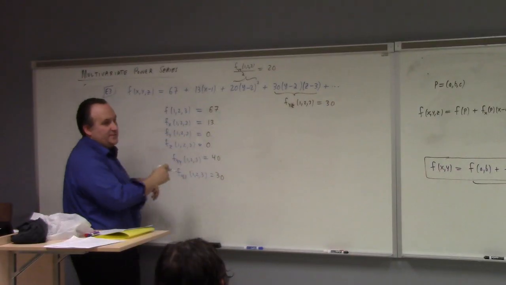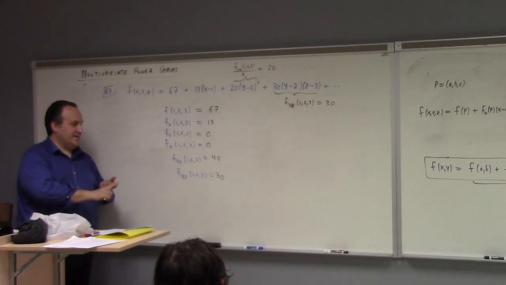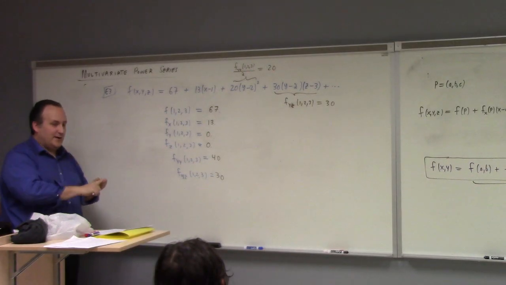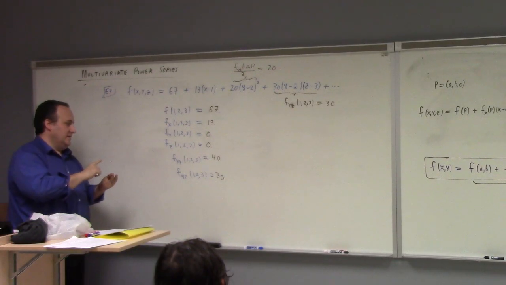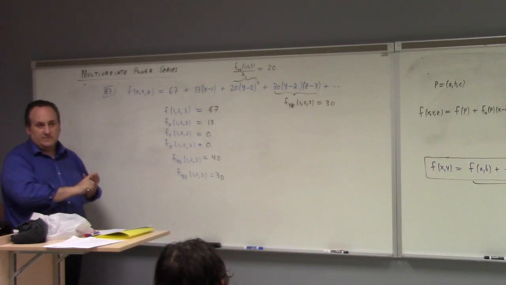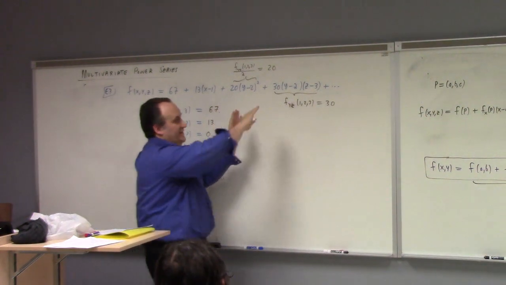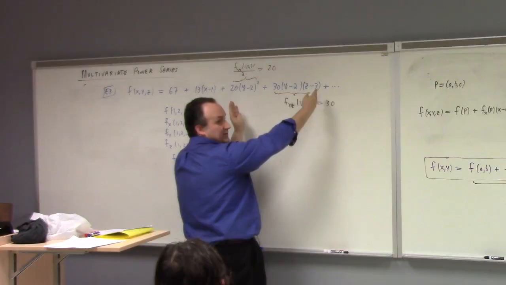How about all the other mixed partials? Like fxx, fxy, fzz. How about those? Those are all 0, under the assumption, of course, that this is the end of the story in terms of the quadratic expansion.